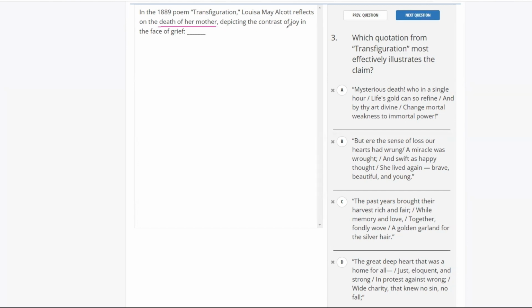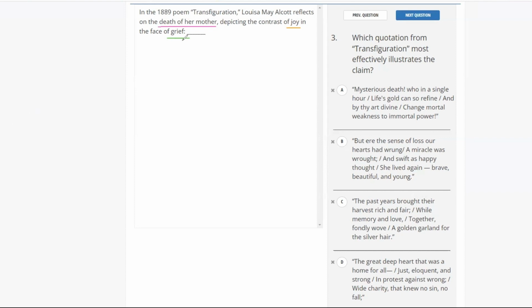We will see happiness or joy, and we will also see evidence of sadness or grief. As we work through the options, we are going to label these three with these colors. If we see any thinking about the death, we will use bright pink. Happy thoughts will be orange, and sad thoughts will be green. The correct answer choice is going to have a combination of all three colors.